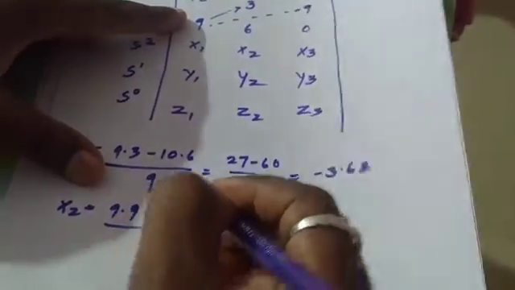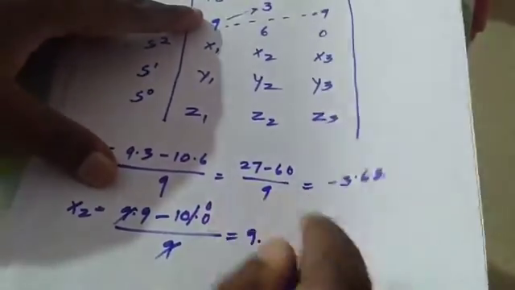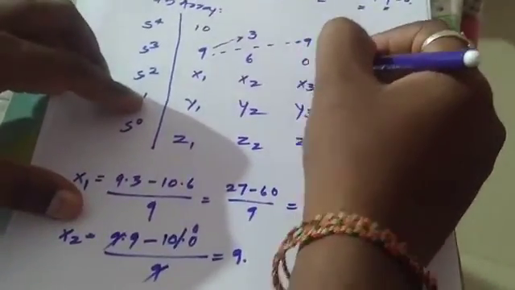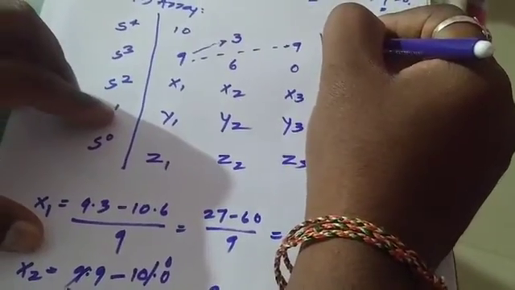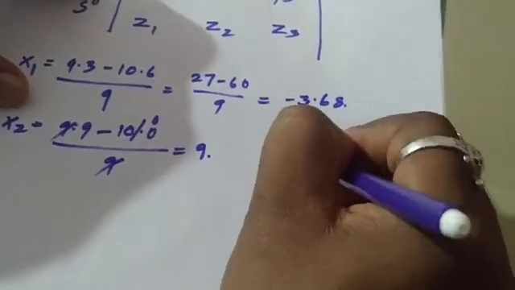This term becomes 0, so you will be getting 9 as the answer. X2 is equal to 9. What is X3? For X3 you have to go to the next column, and you don't have a next column, so it will be 0. X3 is equal to 0.